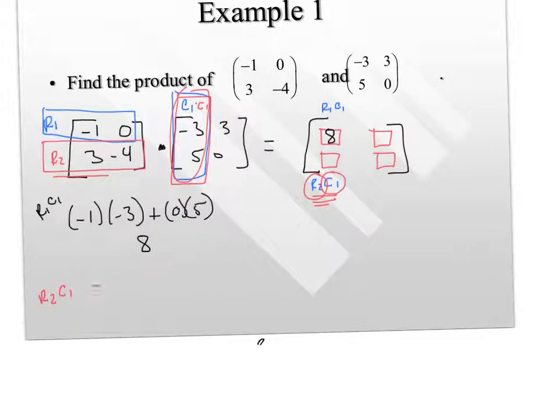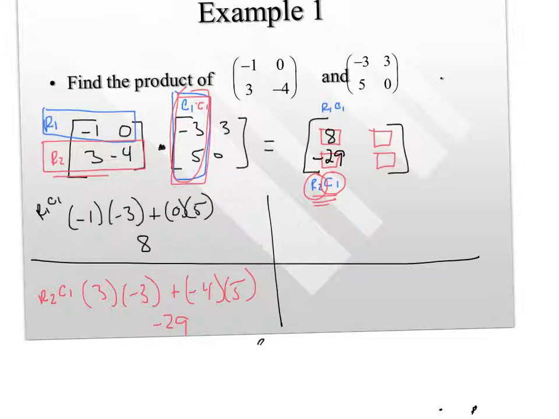I would take the first terms of both pieces and multiply them together, and then take the second terms of both pieces and multiply them together, and then add. So I'd get a negative 9 plus a negative 20, so this would be negative 29. Okay, so now I'm going to go top down.